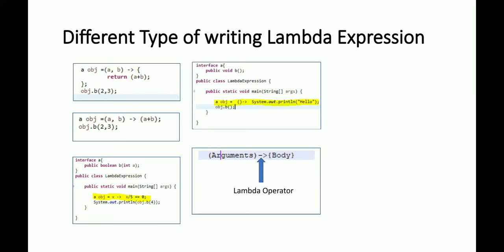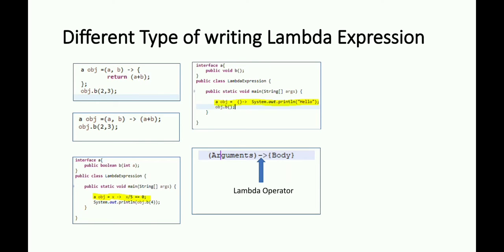Third, we need not have the brackets if we are passing only a single variable. So what we are trying to do here, we are trying to pass an integer x, and we are returning a boolean based on the condition given, x modulo 5 is equal to 0.